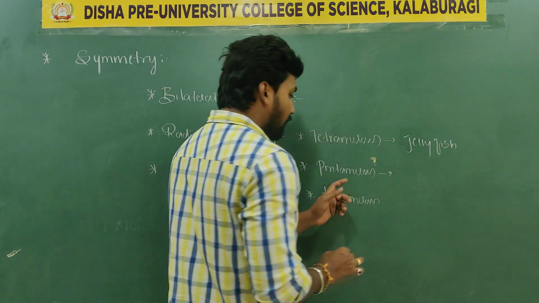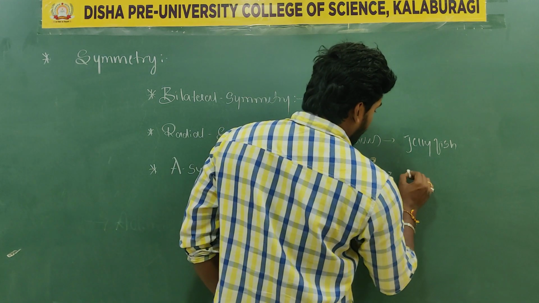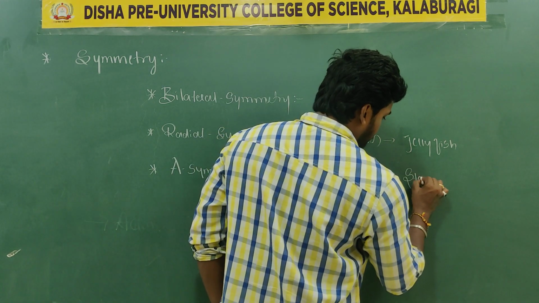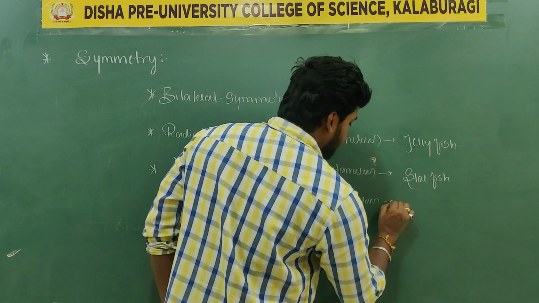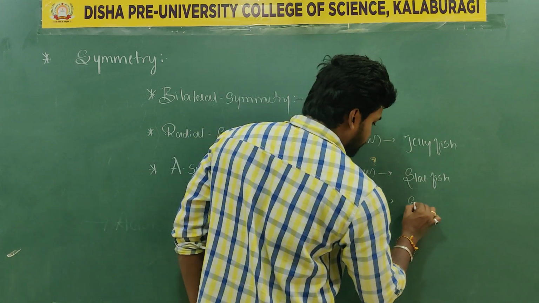The best example for pentamerous is starfish. For hexamerous, sea cucumber.